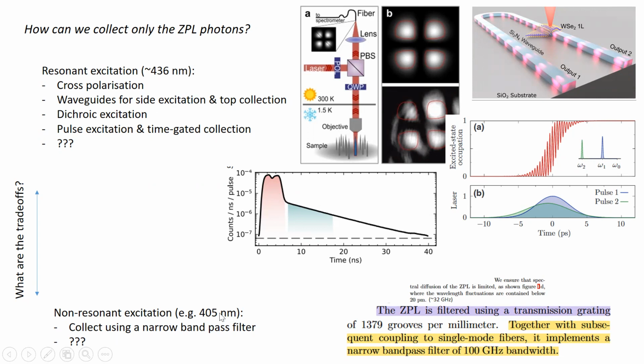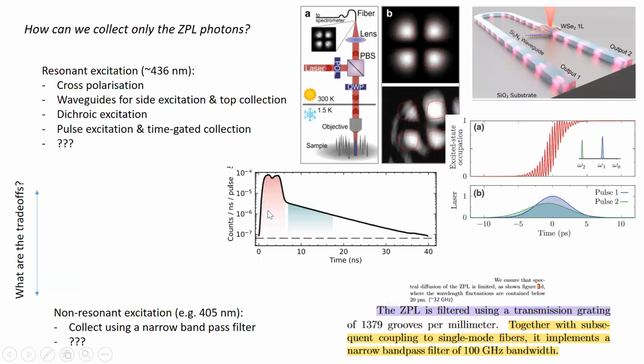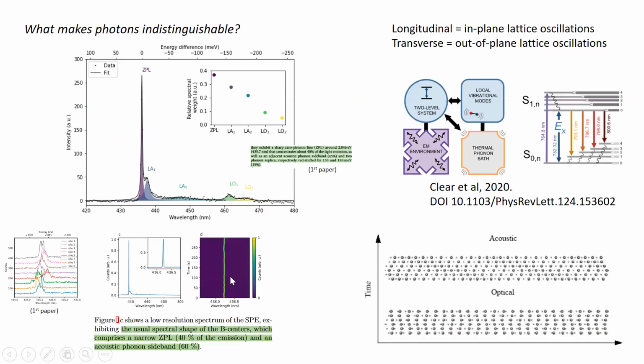So they just excited with a high energy laser, and then filtered out that excitation, and also filtered the spectrum to get rid of these ones. So they combined two things here. They initially found an emitter that was naturally narrow anyway, and from this plot, there's minimal, negligible spectral diffusion, and it's very narrow.